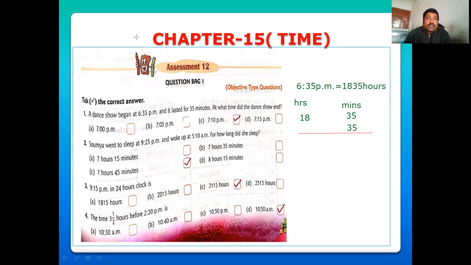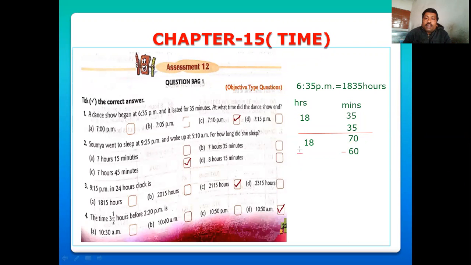Then we add both columns separately. Here we see 70 is greater than 60 minutes. Why? Because 1 hour is equal to 60 minutes. Then we will subtract 60 from this 70, and we get 10 minutes.